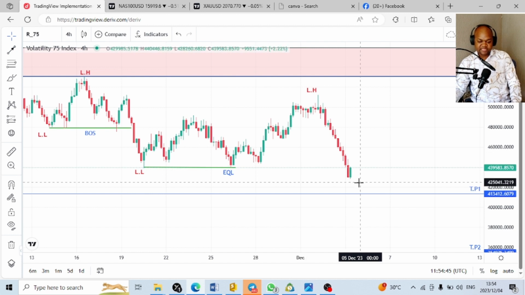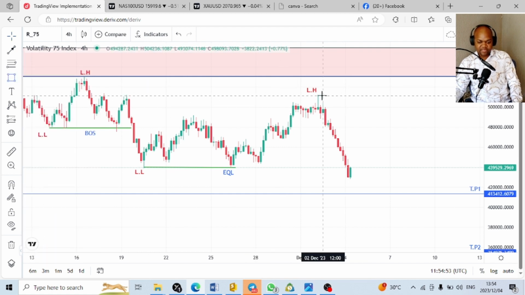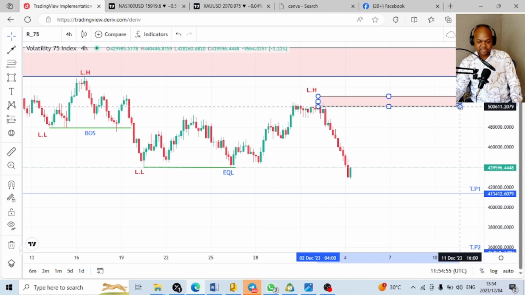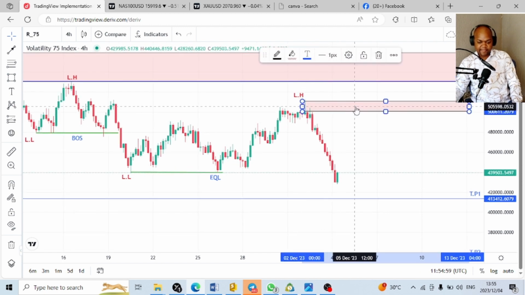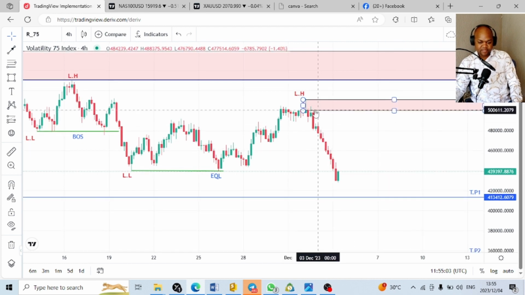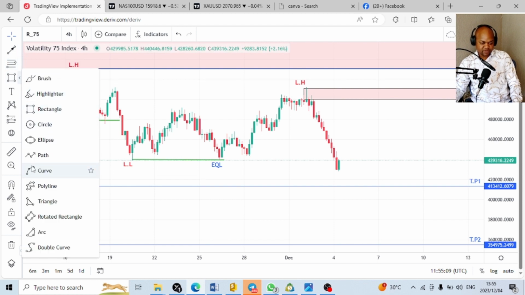Since now price has grabbed external range liquidity, there's a possibility that price will move up to grab internal range liquidity. Okay, let me just show you what I'm thinking. So price can come to this rejection block that we have at this particular level. That's one possibility.